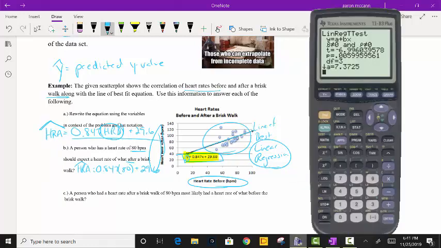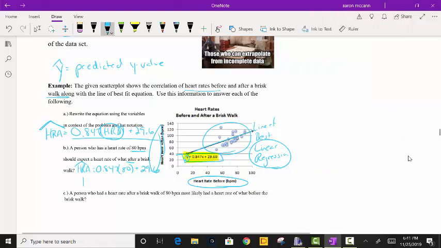And then we just type it in the calculator: 0.847 times 80 plus 29.6. And we get that the predicted heart rate after is 97.36 beats per minute.